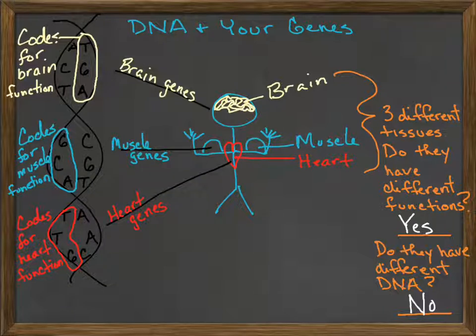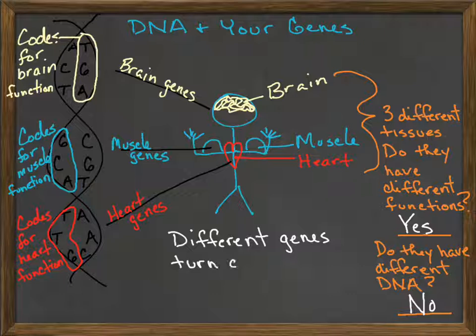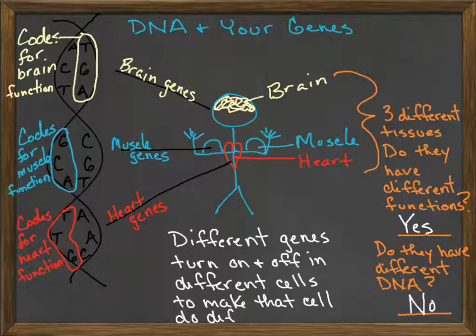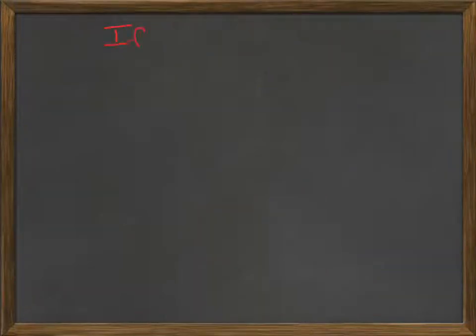It's all the same DNA, but depending on how those genes turn on and off and at what different times, it gives each tissue its specific function. Different genes turn on and off in different cells to make that cell do different things. All the same DNA though.